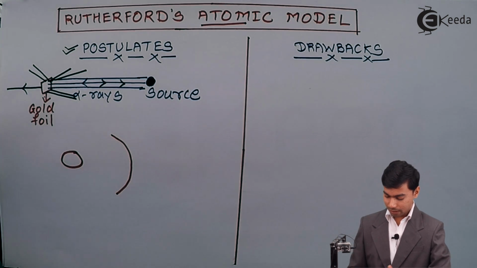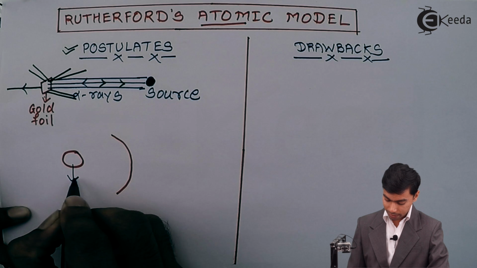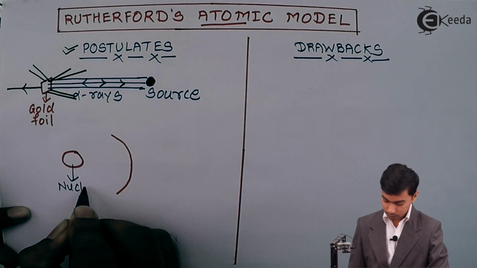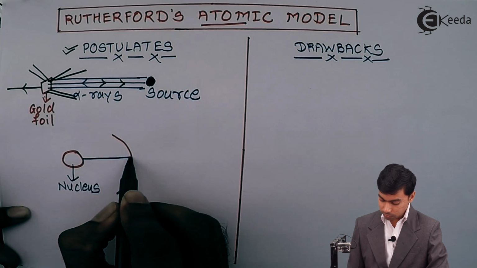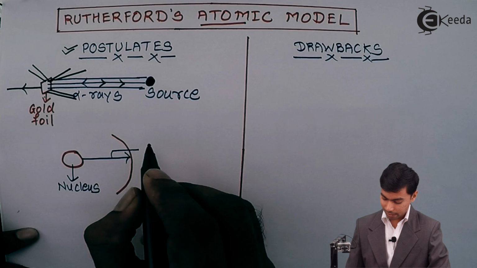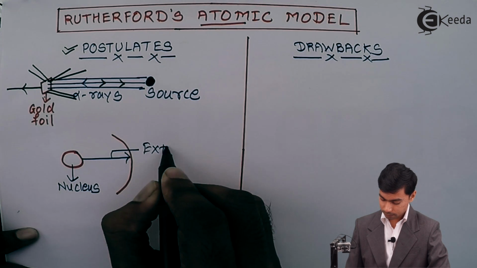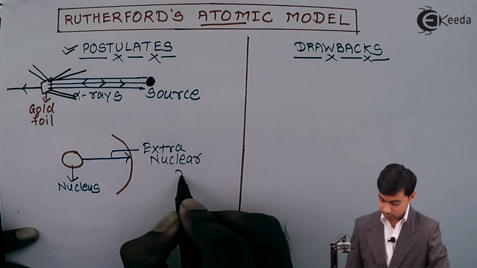The central part is called the nucleus, and the other region, other than the nucleus, is called the extranuclear region.